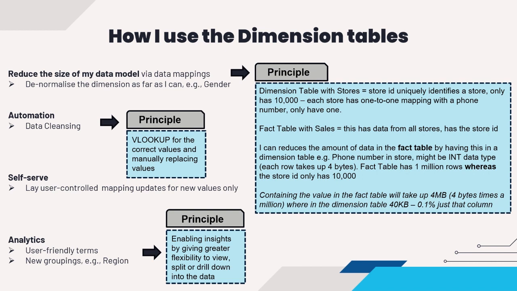As I come from an analytics background, for me, the data is about how I can improve the analysis on the front end. And I like to use it to create new groupings. So in the raw data, for instance, there might be a region column and it's a 3-digit code, so Great Britain is GBR. And if it was me, I would make the dimension table as I explained with the store, and then I could put the actual name of the countries next to the 3-digit codes.